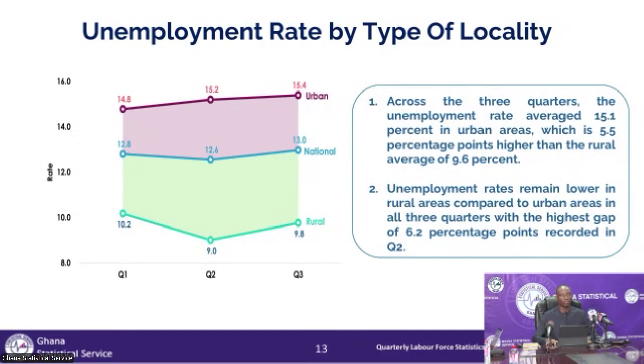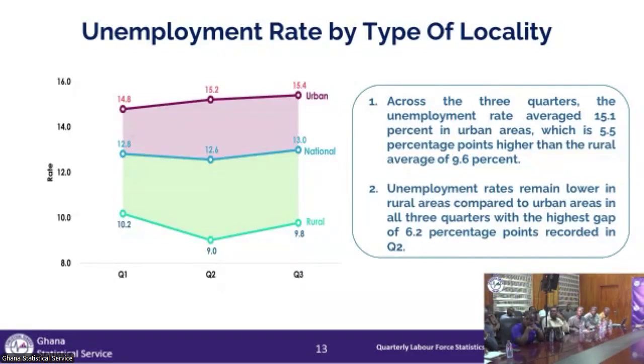In Q3 of 2025, urban unemployment rate was 15.4%, compared to rural unemployment rate of 9.8%, giving a gap of 5.6 percentage points. In simple language, unemployment is significantly more severe in cities than in rural communities. This is likely reflecting the high competition for limited formal jobs in urban areas.